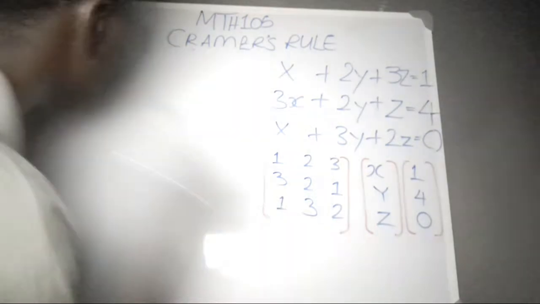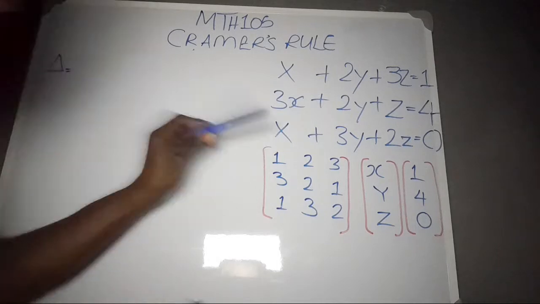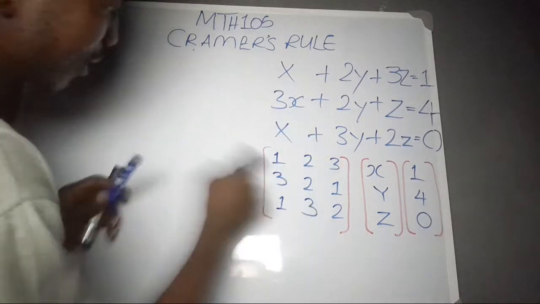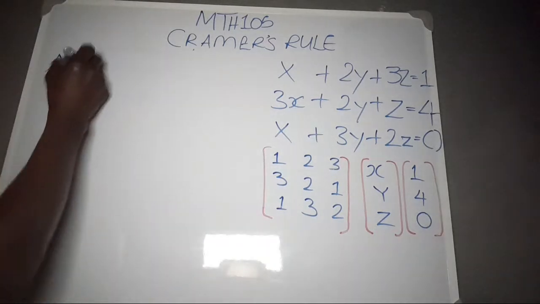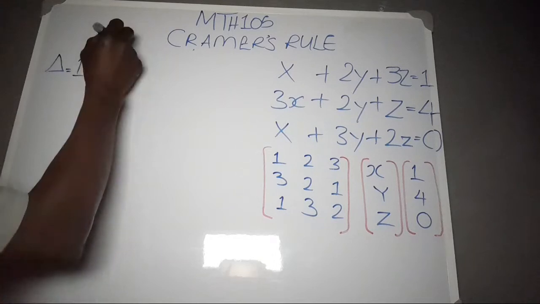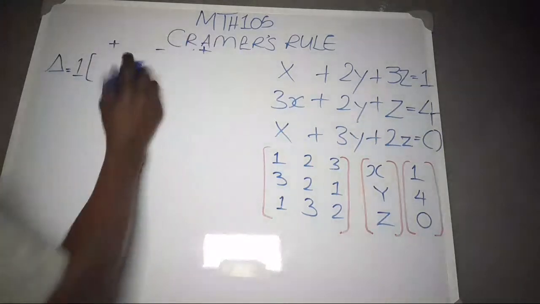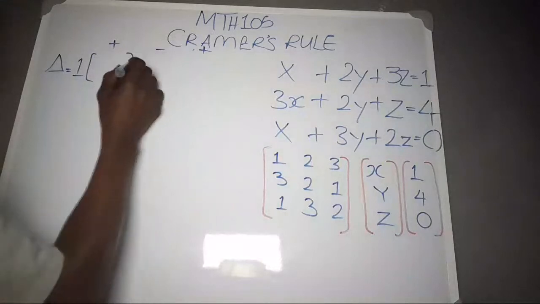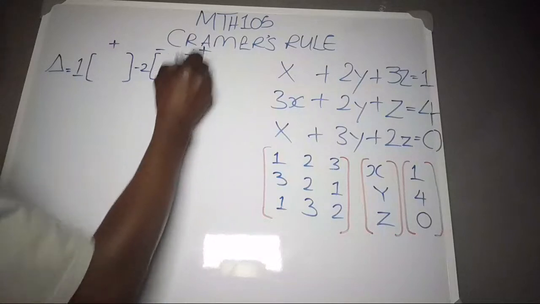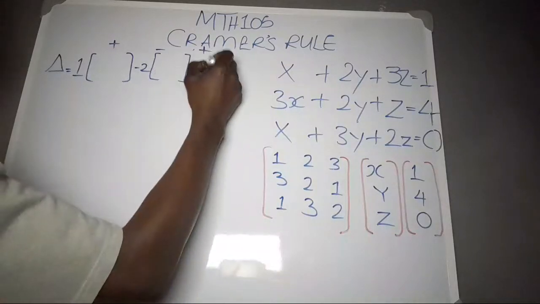So now, to get the determinant, we go like this. For 1, let's not forget, there's a plus sign here. There's a plus, a minus, a plus. So then say minus 2, then plus 3.